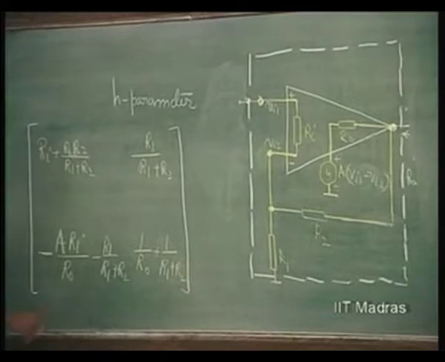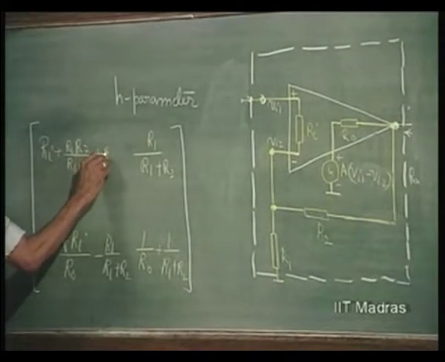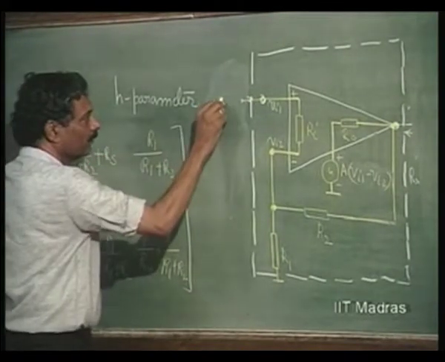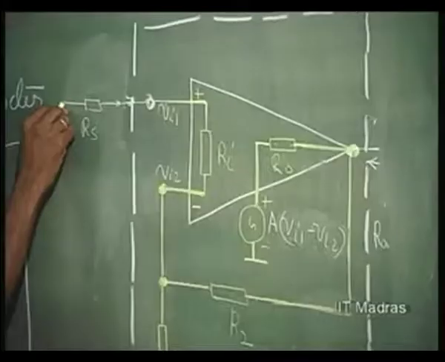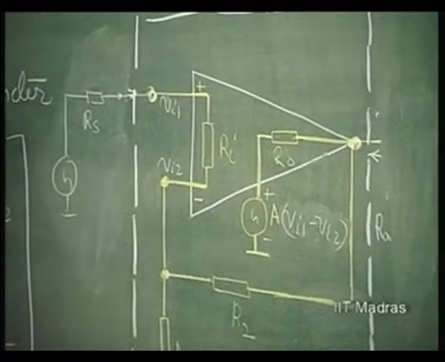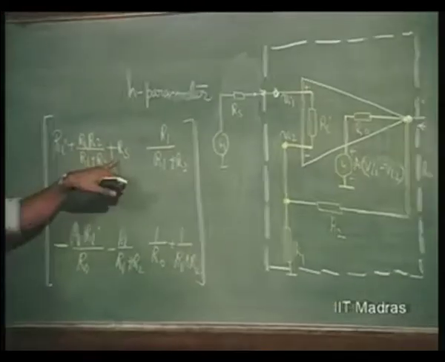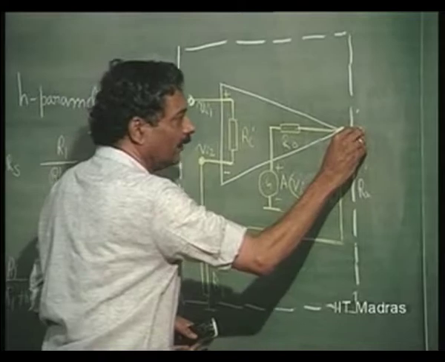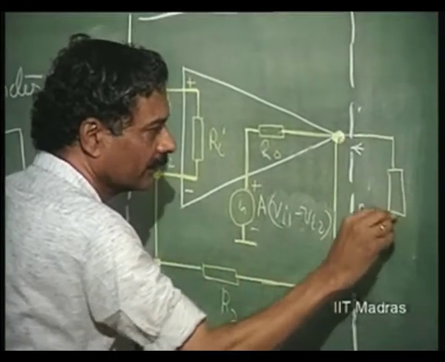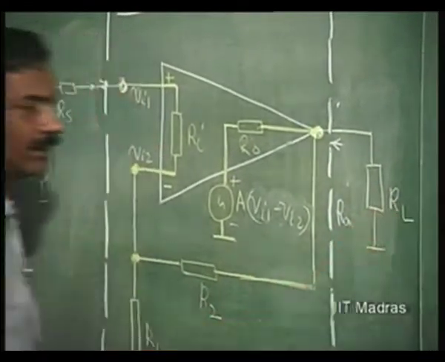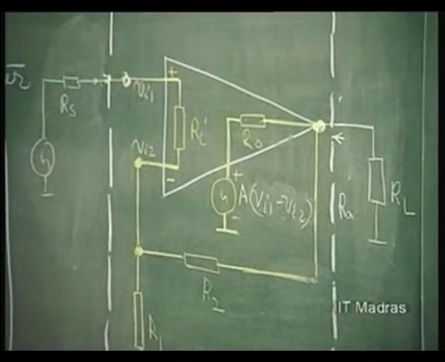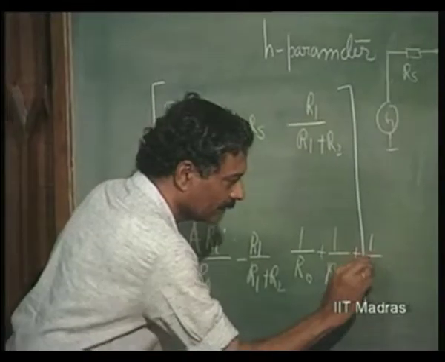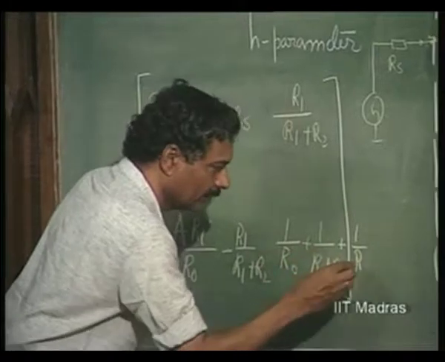Now, if you include the source impedance here, this is the situation. Source impedance is coming in series with Ri, and the load impedance in the case of H parameter always comes in shunt with the output impedance.